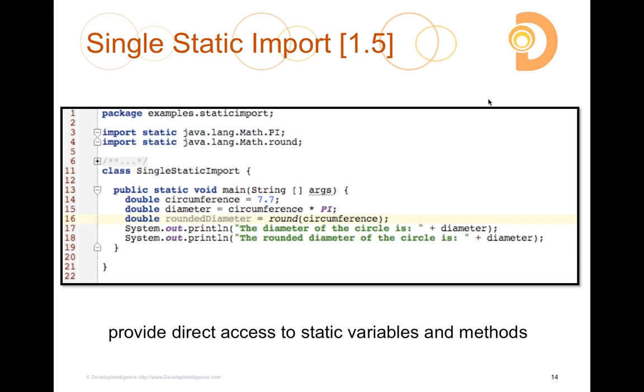The first language feature that we've got here is something called static imports. For those of you who have been doing Java development for a long period of time, you'll probably remember a pattern from Josh Bloch's book, Effective Java, on how to create an interface that contains a number of static final variables.